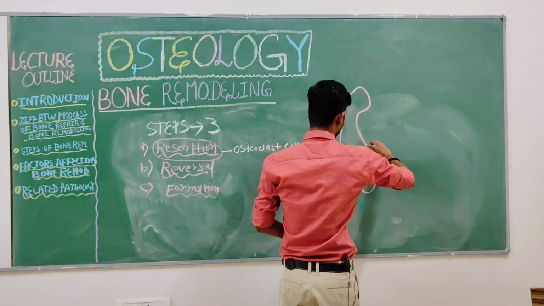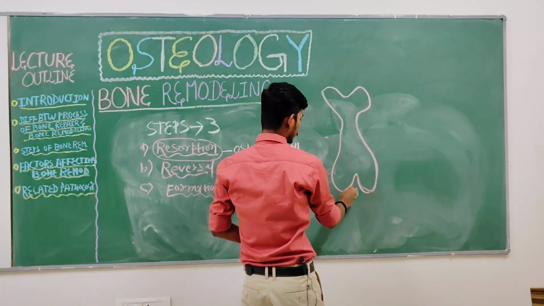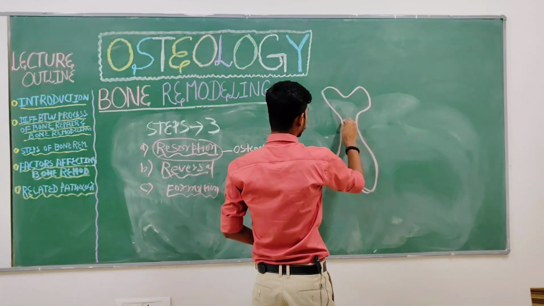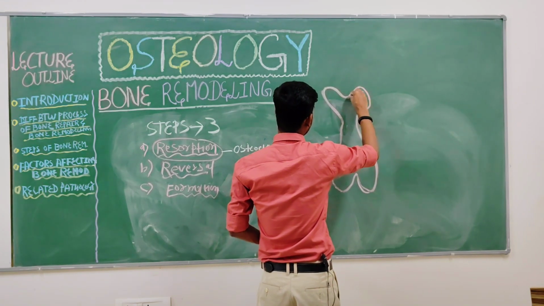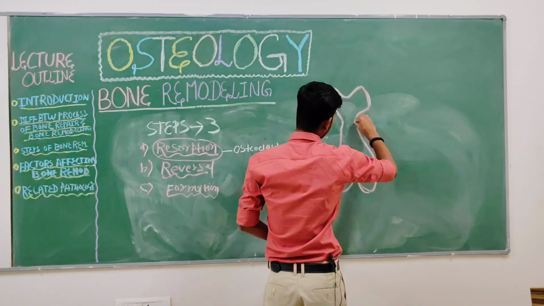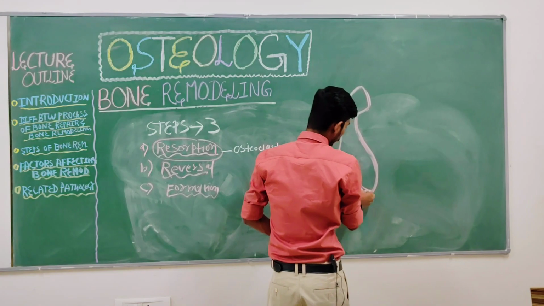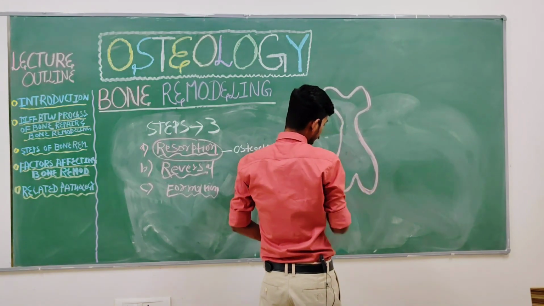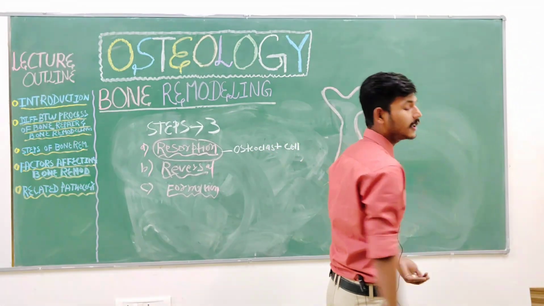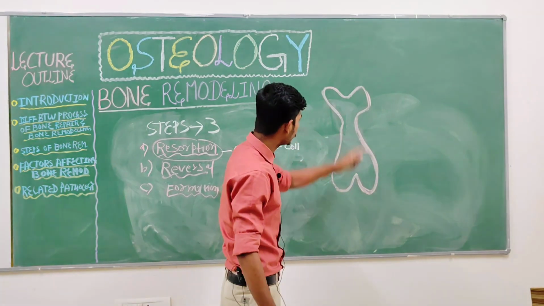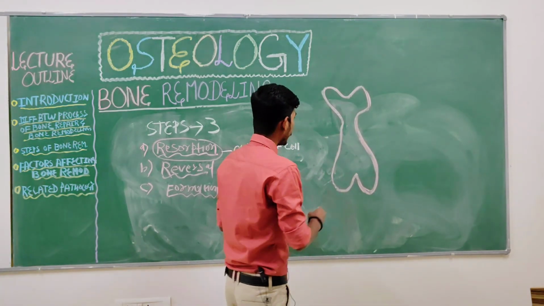Suppose this is one long bone, and as you know from the previous class, it is externally covered by the periosteum.